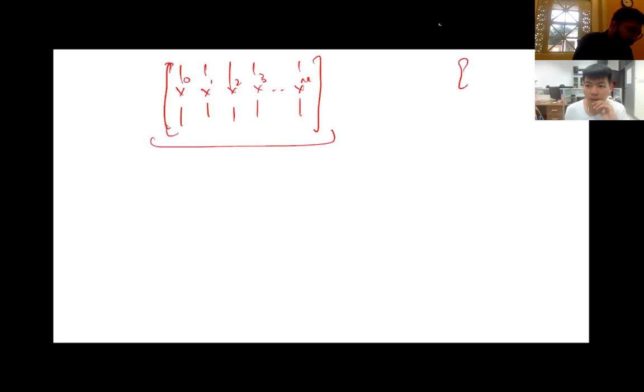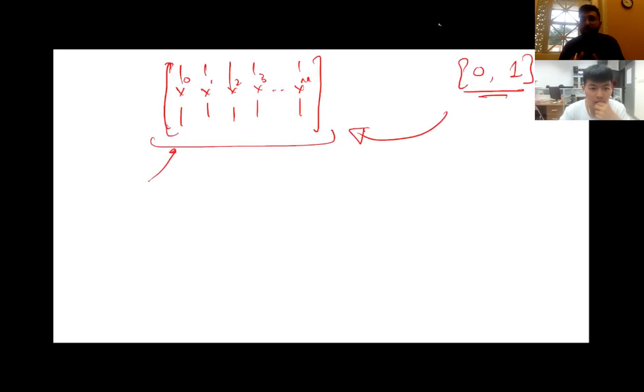Our x is generally between 0 and 1 or something like that, right? Sampled with some frequency. Okay? And in this range, one of these might be a linear combination of some others. Because of that, the rank might not be full, or it might not be a very well-conditioned matrix. By well-conditioned matrix, I mean that the inverse might not be very easy to calculate.